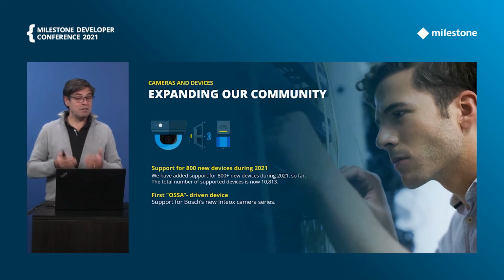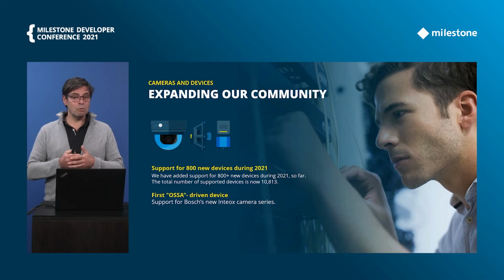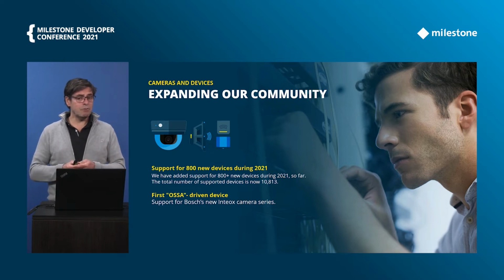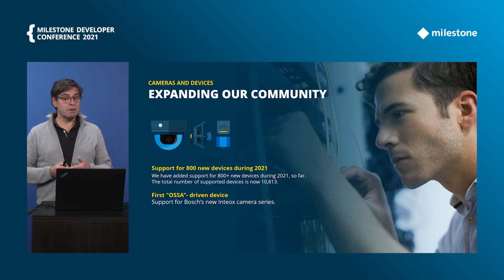As a part of the continuous development of our XProtect VMS system, we are of course also investing in expanding the support for IoT and camera devices. So far during 2021 we have added more than 800 new devices to our supported device list, which means that we are very close to supporting 11,000 devices in our VMS system.